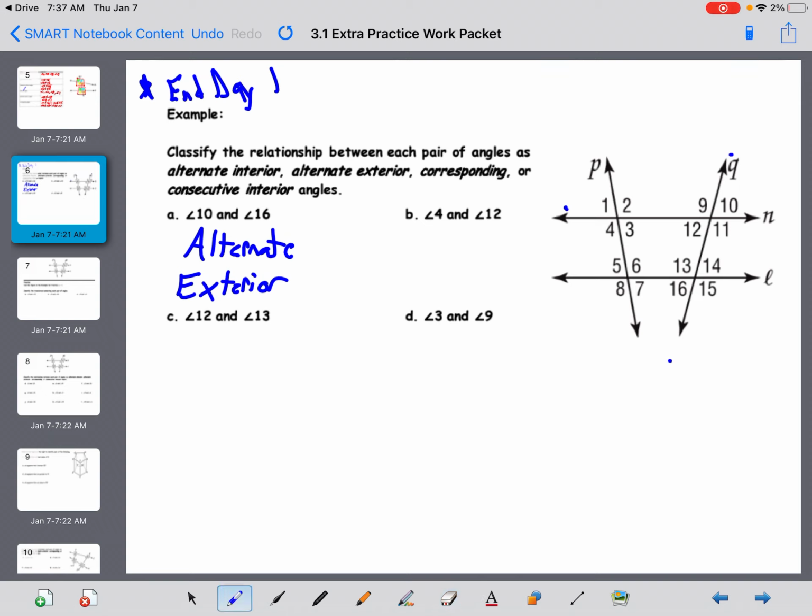Okay, angle 4 and angle 12. So this time our transversal is line N, and we're going to ignore this portion. If I drew my boxes around these angles, 4 and 12 are in the same position. Those are corresponding.